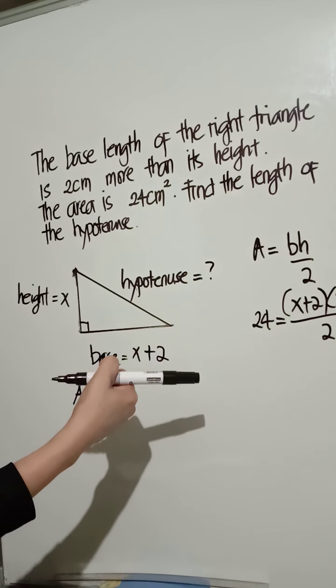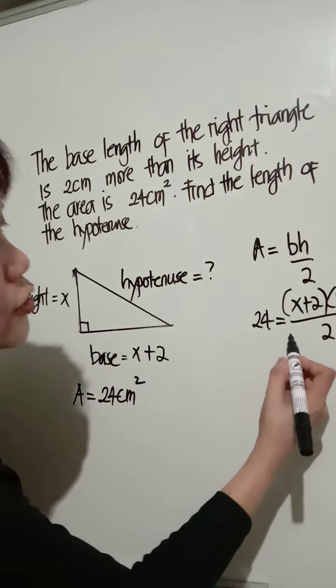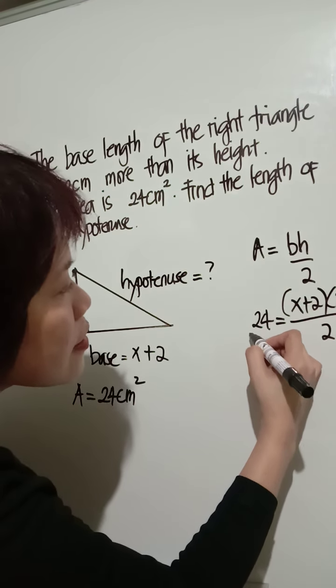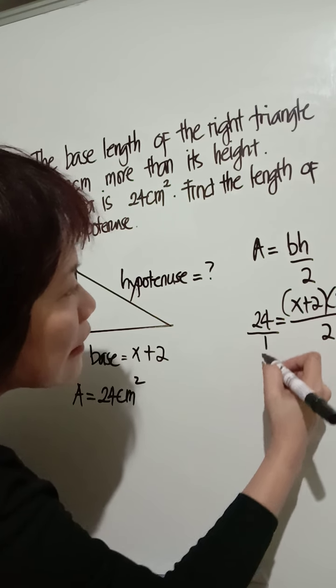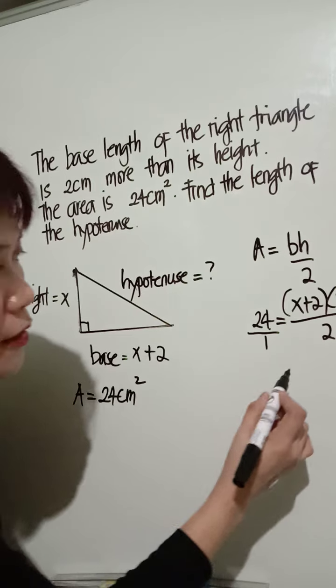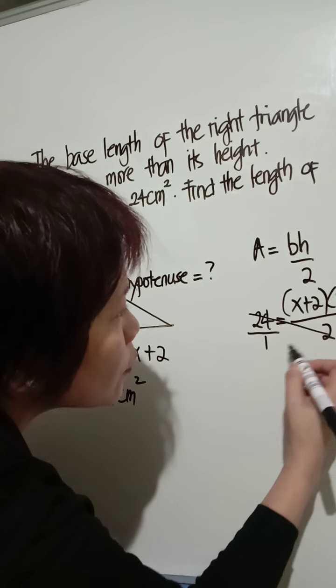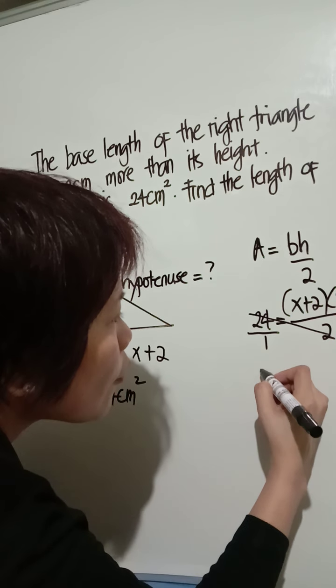Simplifying this, we have to use first cross multiplication. So 24 here, its denominator is understood to be 1. So let us cross multiply. 24 times 2 gives 48.